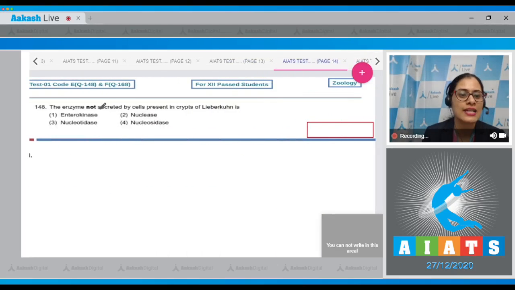Question number 148. The enzyme not secreted by cells present in crypts of liver is, and the options given are enterokinase, nuclease, nucleotidase and nucleosidase. The secretions of brush border cell or crypts of Lieberkühn of mucosa along with the secretions of goblet cells constitute the intestinal juice or succus entericus.